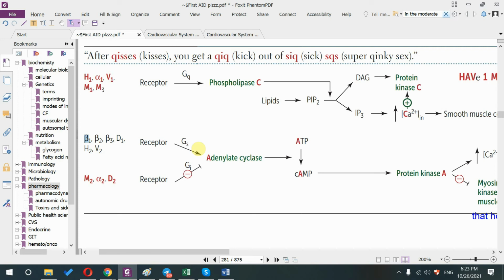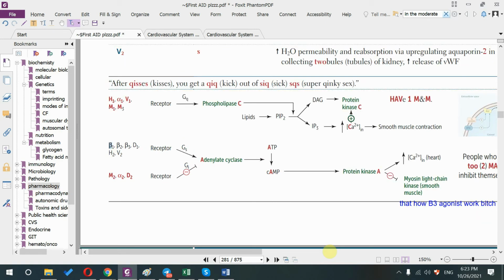This adenylate cyclase is an enzyme that leads to ATP being converted to cyclic AMP. And this cyclic AMP will increase one other enzyme, which is called protein kinase A. And that protein kinase A will increase the calcium inside the heart, and we will study in physiology soon that if you increase the calcium inside your heart muscle, that increases your contractility.